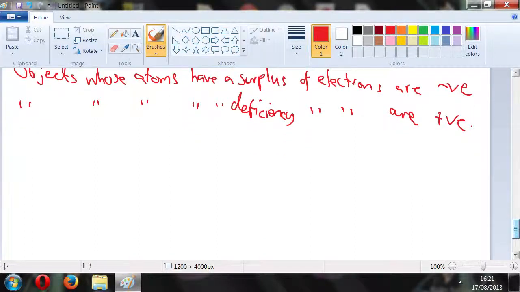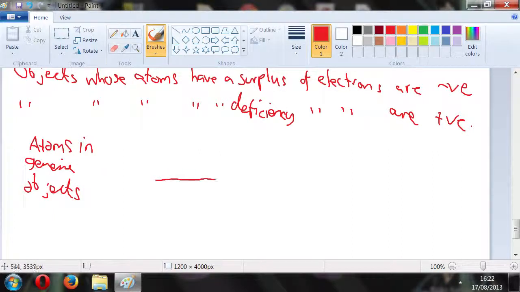So if we imagine atoms in some kind of generic object here, I want to do an atom line. So numbers are going to be atoms. We've got a naught here, +1, +2, -1, -2.